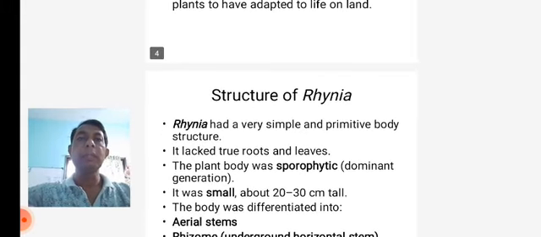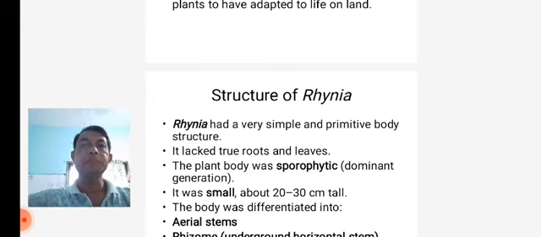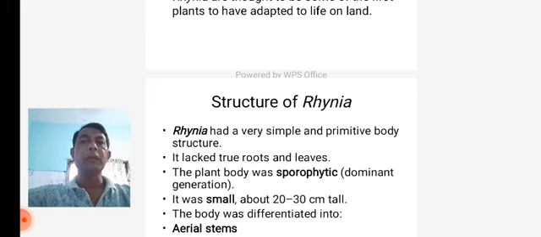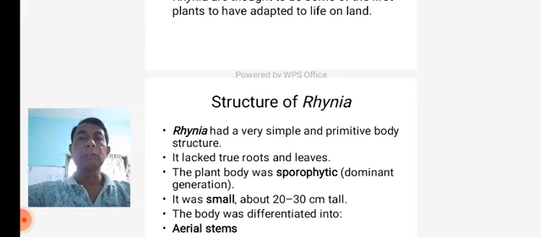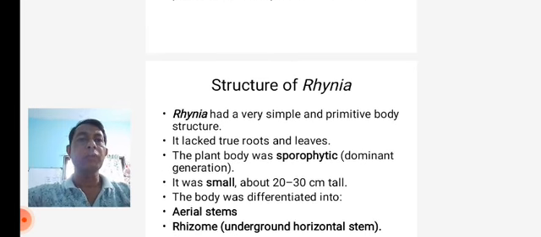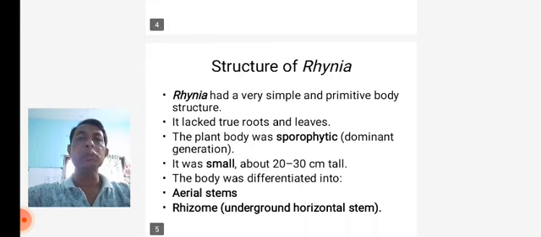Now moving to the next part, that is the structure of Rhynia. Rhynia has a very simple and primitive body structure. It lacks true roots and leaves. Although it is more developed than the algae, it has primitive body structures and lacks roots and leaves. The plant body was sporophytic, that is, dominant in generation, and it was small, about 20 to 30 centimeter tall.